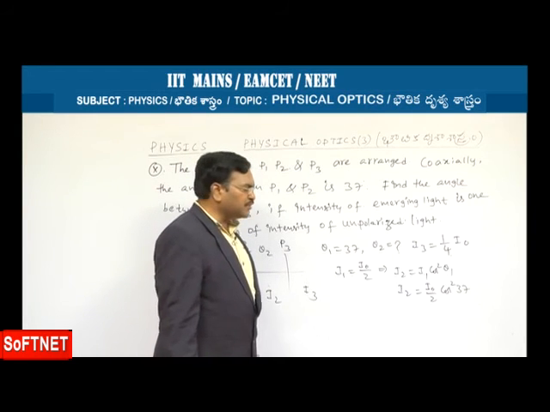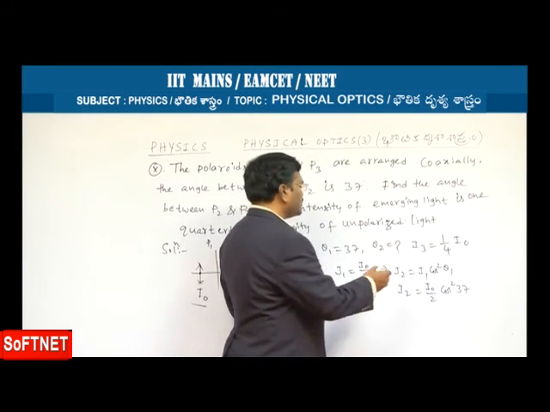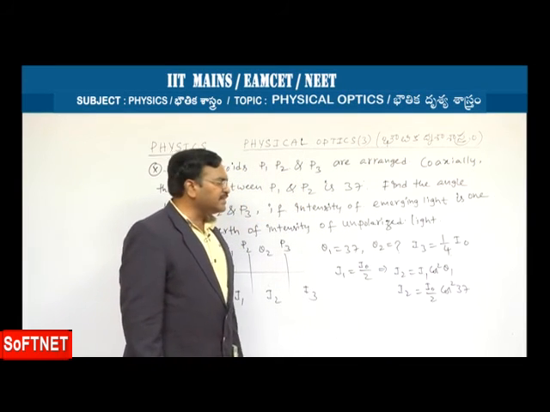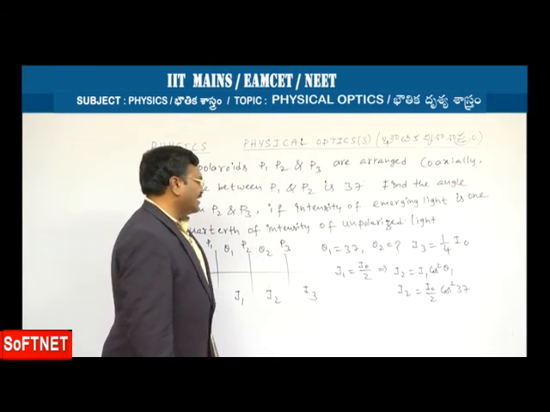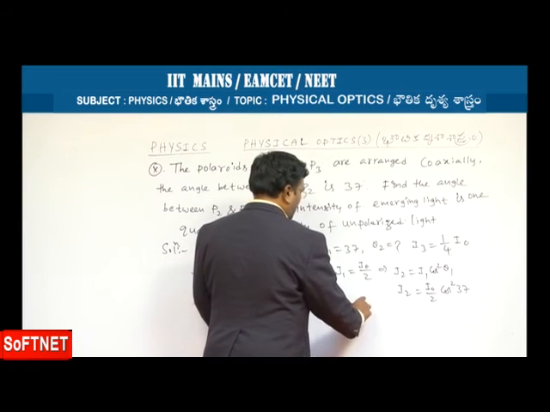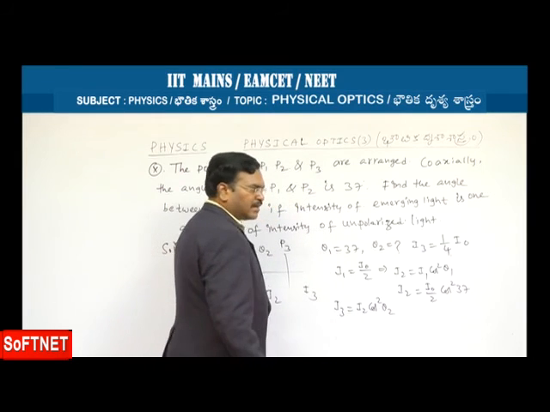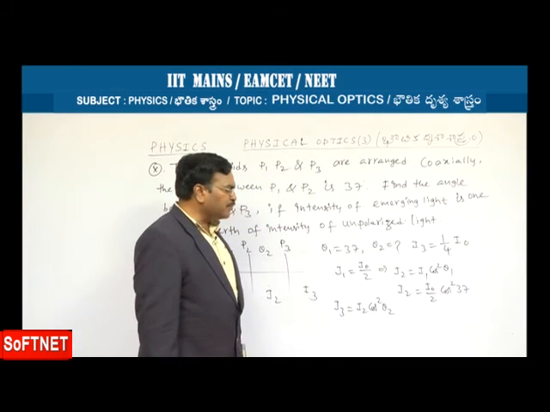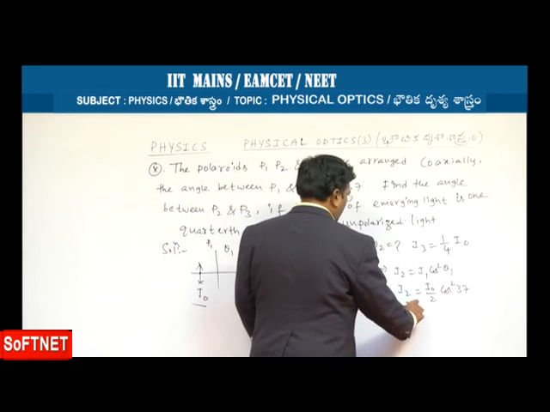Now I3 is equal to I2 cos square θ2. According to the question, I3 is equal to I0 by 4.